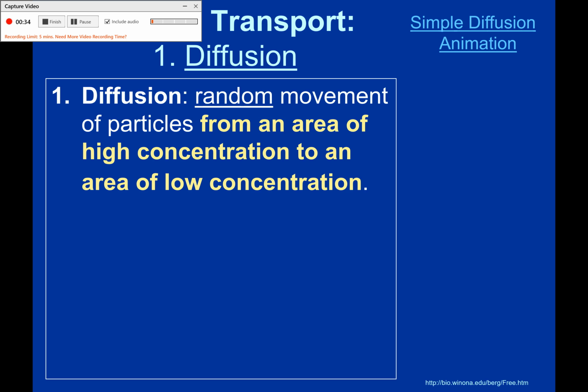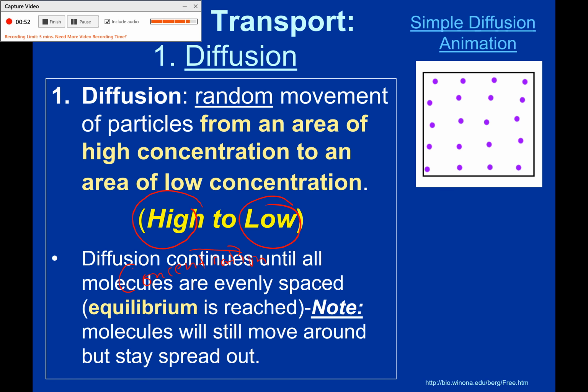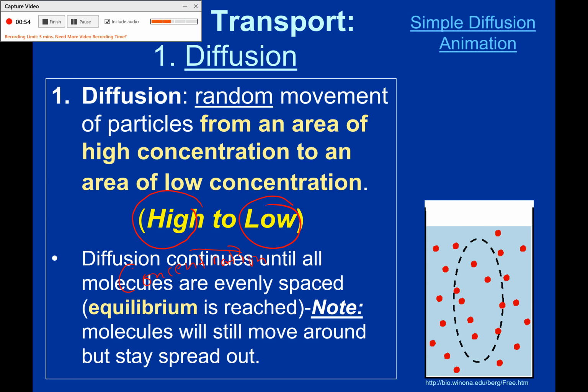Okay. So I want you guys to do one thing for diffusion. Diffusion is the movement of particles from areas of high concentration to low concentration. So I'm going to go ahead and give you this analogy over here, okay? Look at the animation on the right-hand side here.